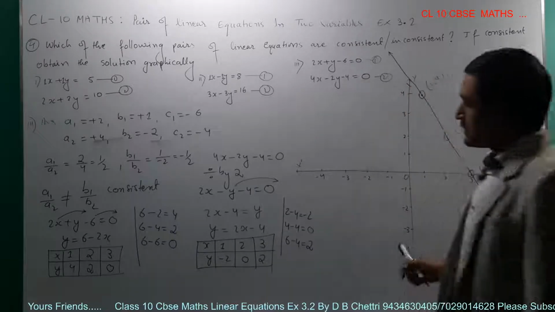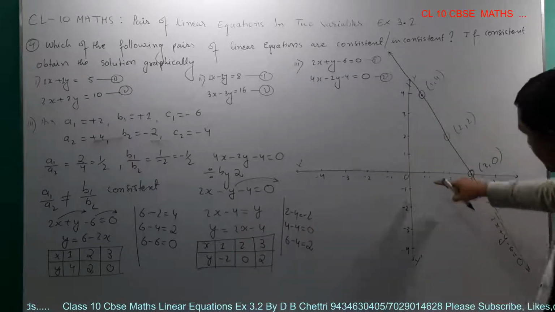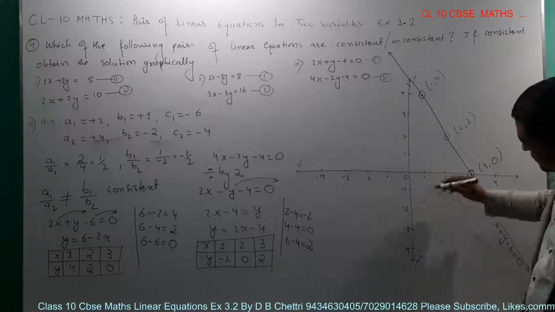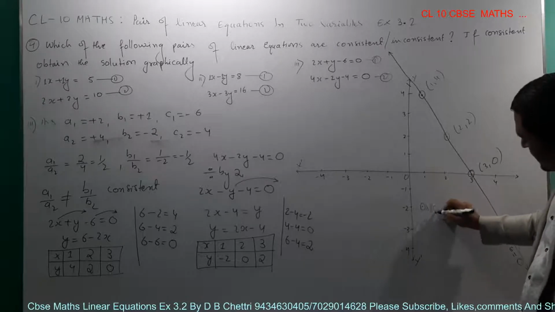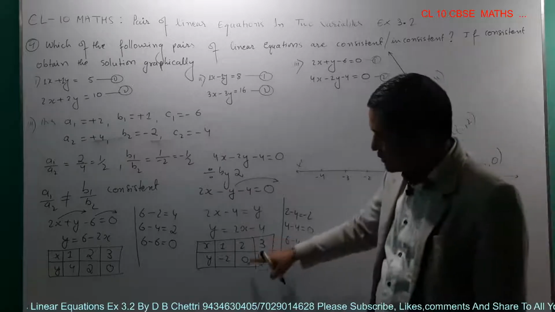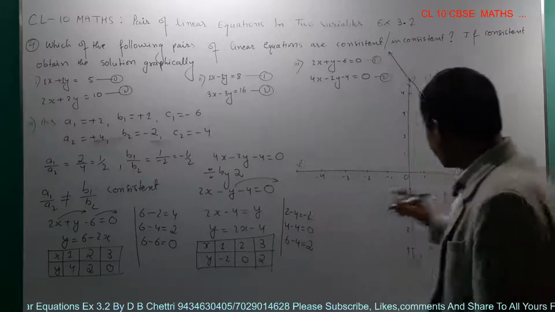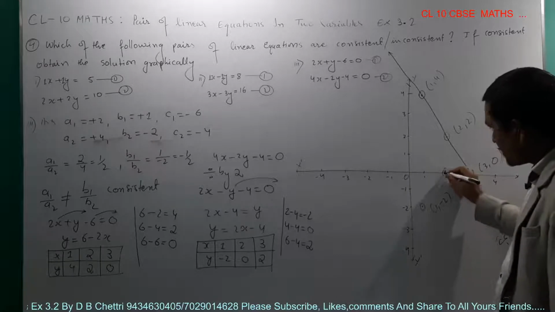Now let's plot the second equation's points. (1, minus 2). Then (2, 0). That means where x is 2, please plot the point there.